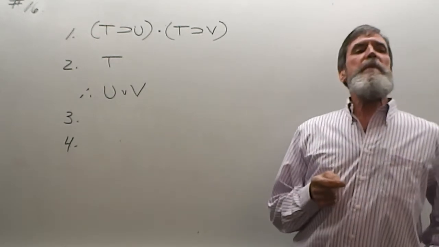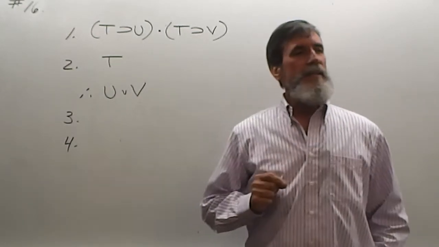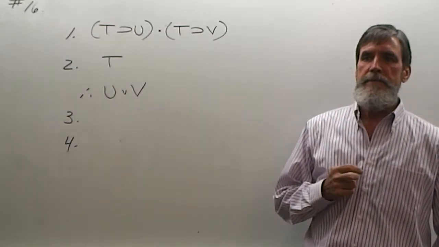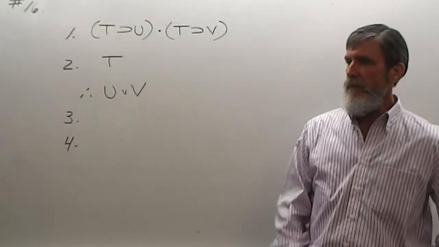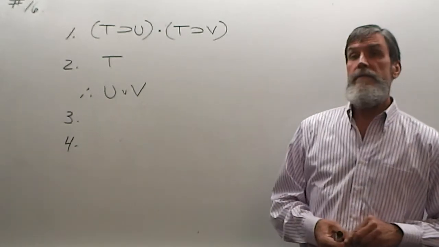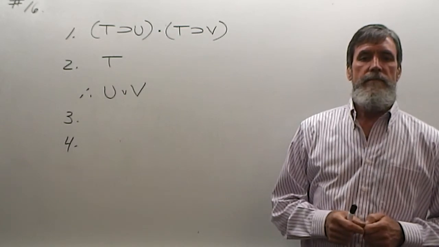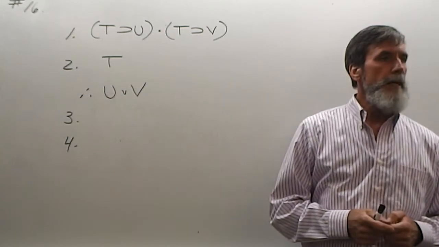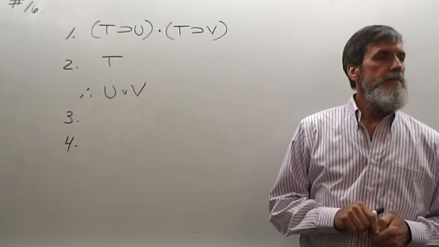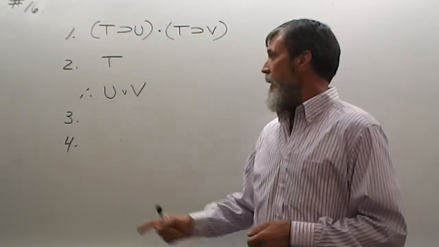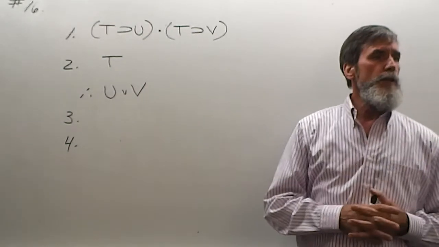So if you have the first premise of constructive dilemma, you know exactly what the conclusion would be. What would it be in this case? Anybody? U wedge V. That would be the conclusion. And look at that. That's the conclusion we want, U wedge V.